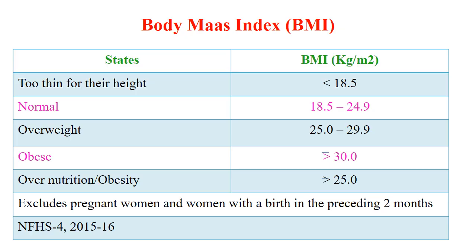Above 25 up to 29.9 it is overweight, and when it is above 30 it is actual obesity. Sometimes 25 and above is overnutrition or obesity. That is not very important, it should be below 25.